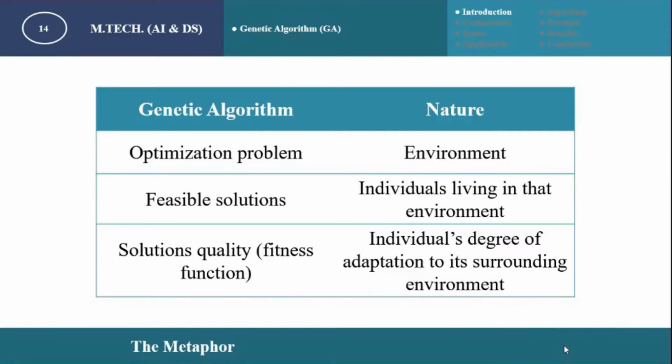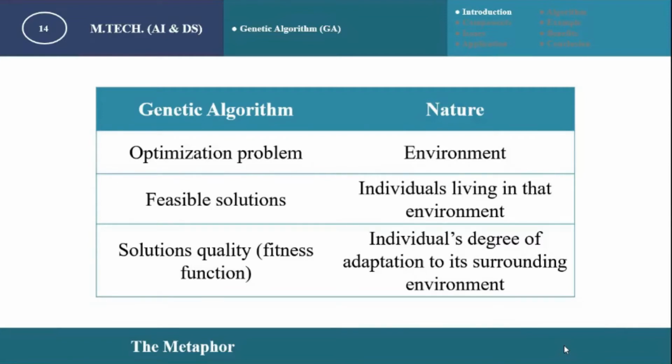And the feasible solutions, that is the candidate solutions, are the individuals living in that environment. We consider an environment to be a problem, so the feasible solutions for that particular problem are the individuals living in that particular environment.